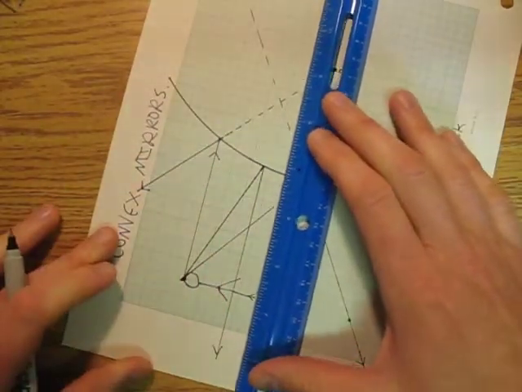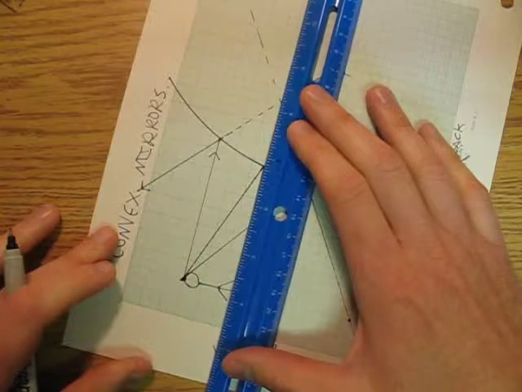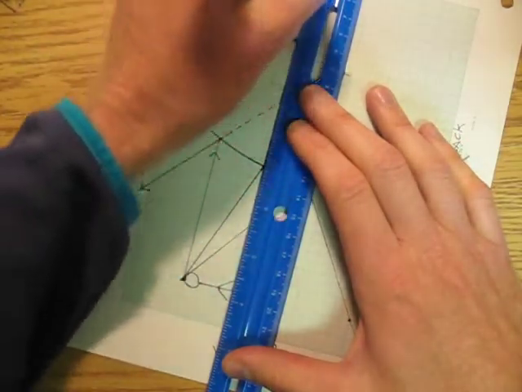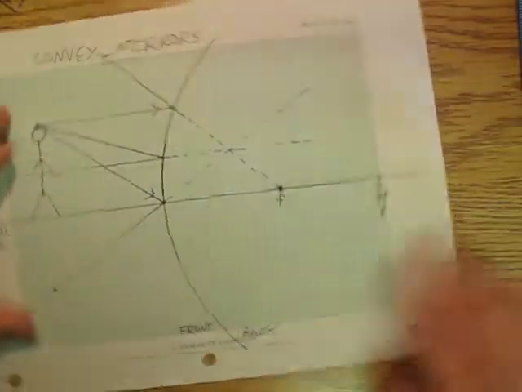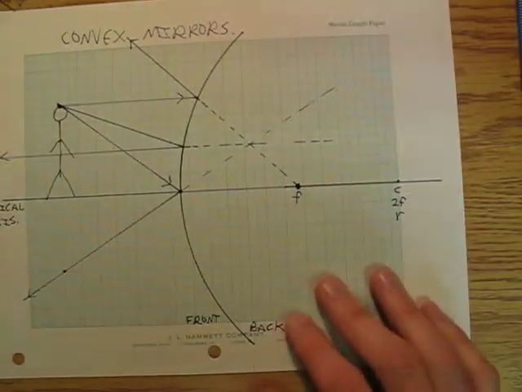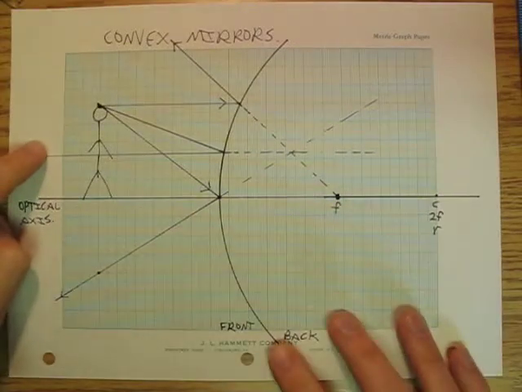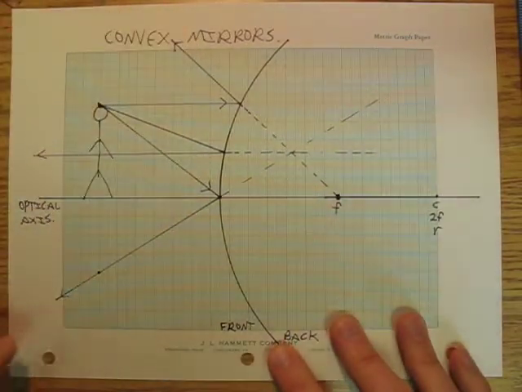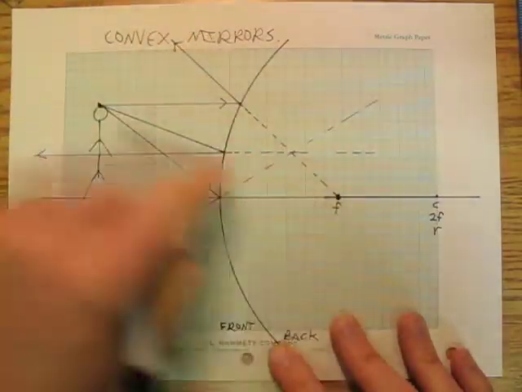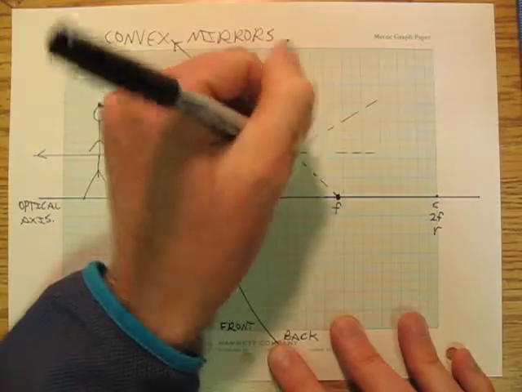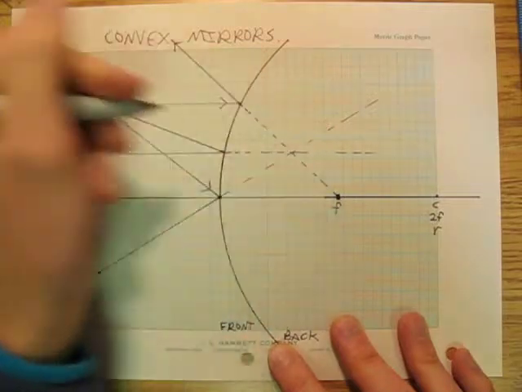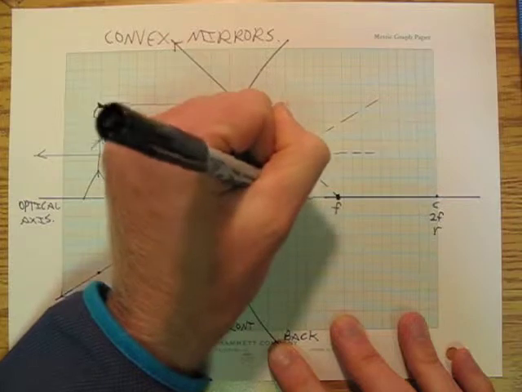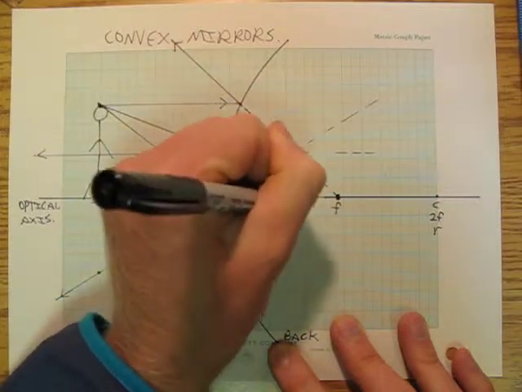And again, we're going to back that up. And so these three lines, they actually don't meet anywhere, but they virtually meet back here. So here is our virtual image.